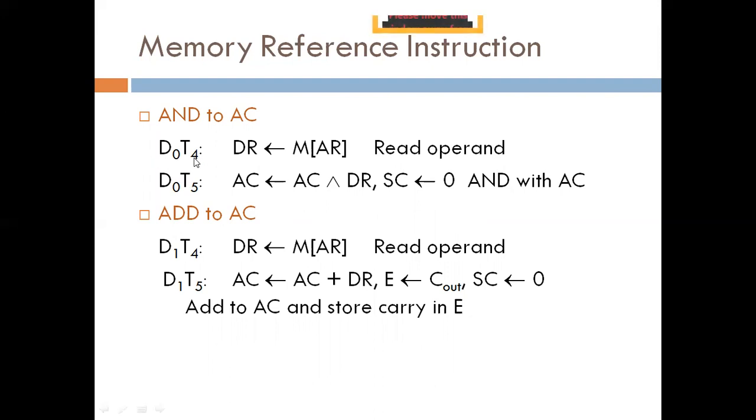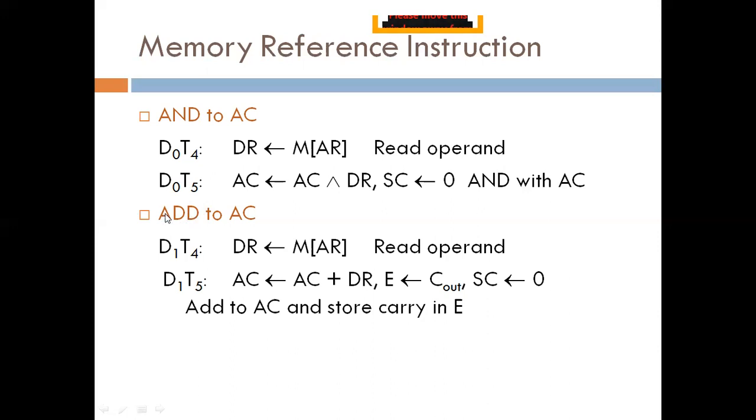At the time of T4 and D0, the memory at the address register is going to be stored in DR. So from memory, from that particular address, whatever data is there is going to be stored into the DR, and an AND operation is going to be performed between that data and the data stored in the accumulator, and the final answer is going to be stored into the accumulator. So this is the AND operation. It is going to complete up to the T5 signals.